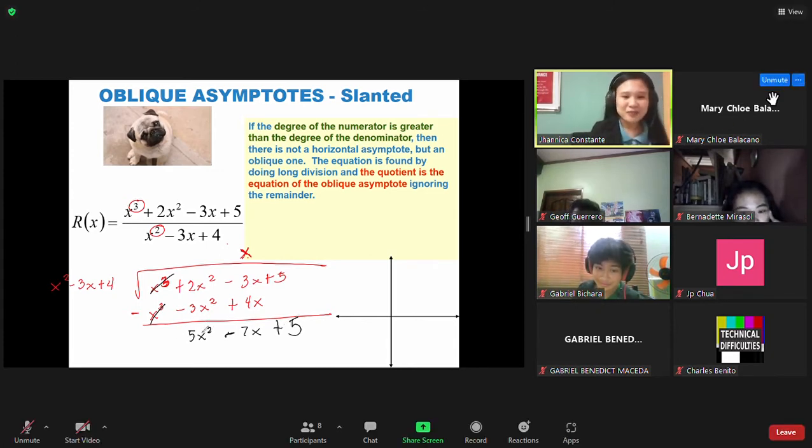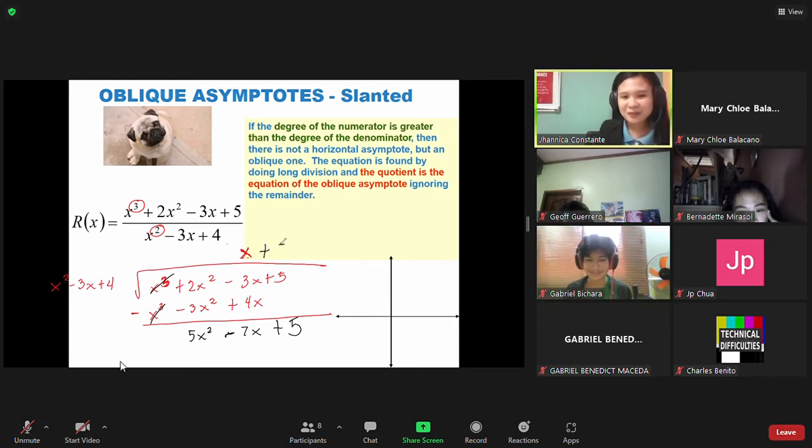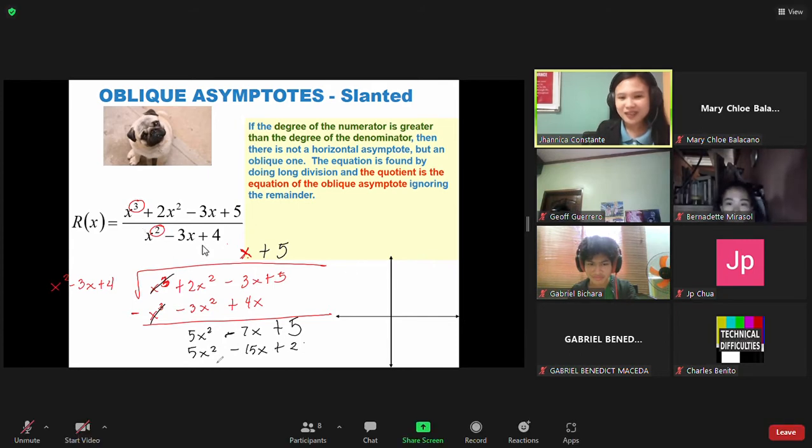So divide: 5x squared divided by x squared. We have positive 5. And multiply, so we're having 5x squared minus 15x plus 20. Subtract.